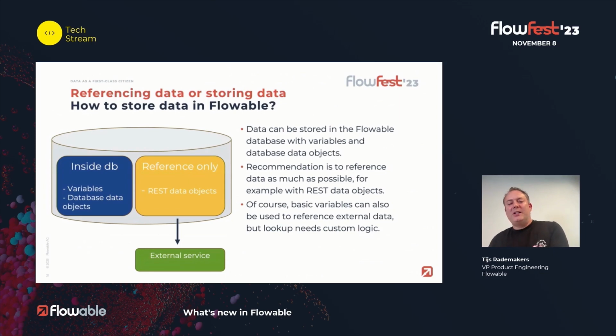And when you want to access that data, we automatically call the REST endpoint to fetch the data object. And you can still work with all the details, but the data doesn't live in Flowable. The data still lives in your external application. So that's quite a good way of dealing with data if possible.